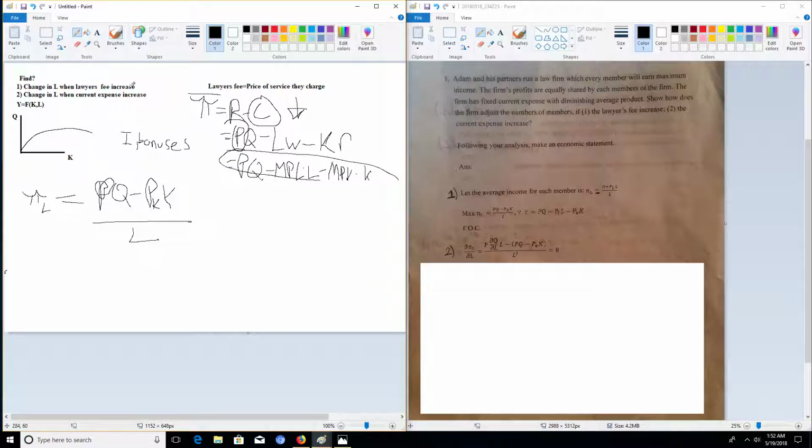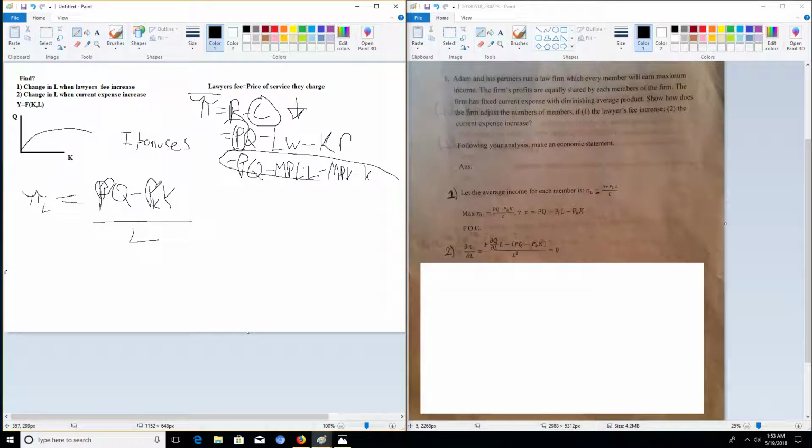The question asks how the firm adjusts the number of members if the lawyer's fees increase. That means a change in labor, delta L, and a change in the lawyer's fee, change in P. So obviously we need to find some sort of derivative.